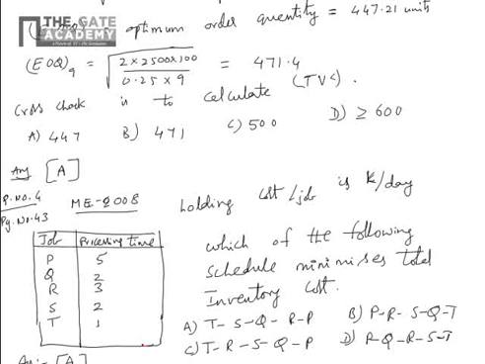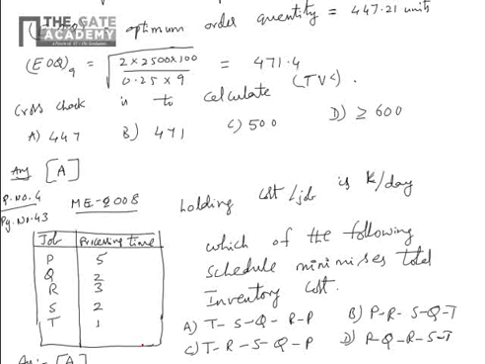That's why this problem relates to scheduling, sequencing and inventory concepts. There is no need to use a pen here. If you know the concept you can get the answer in less than 5 seconds, for 2 marks.